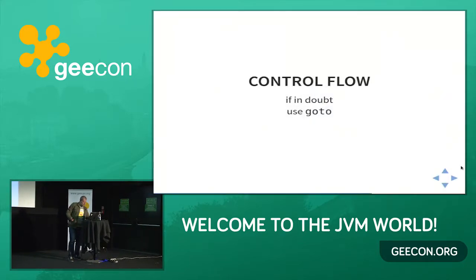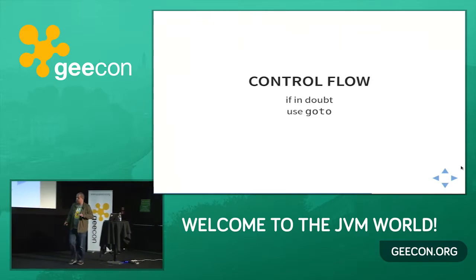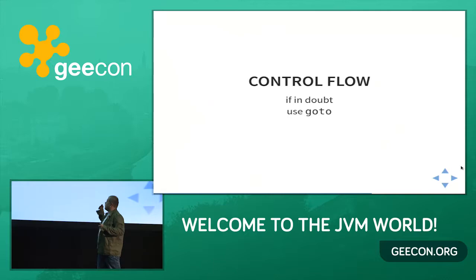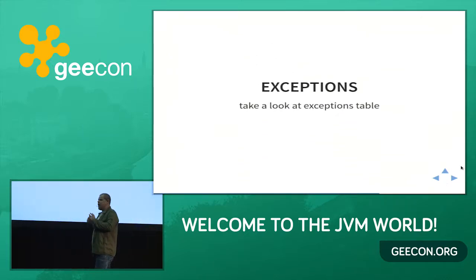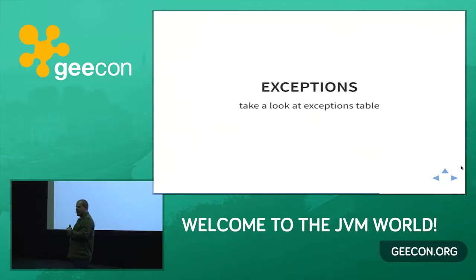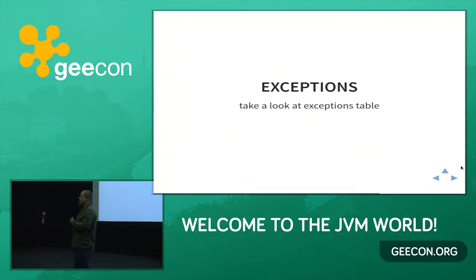The last thing I wanted to show you, before I show you the tools to manipulate bytecode, because this is something I am also going to do, is the question of how exceptions work in Java. Because actually, if you look at bytecode, there is something like throw, but you will not find a catch bytecode in the instruction set.